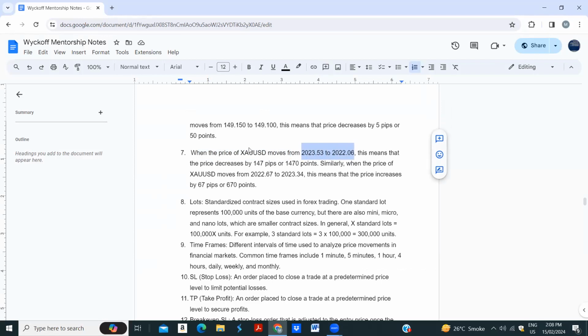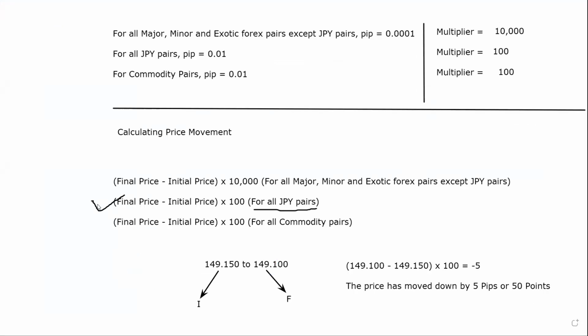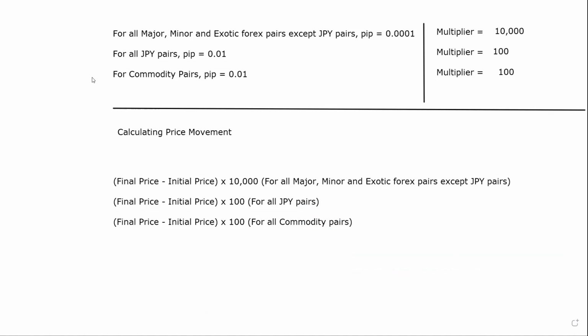Okay, so let me remove this. All right. So this price corresponds to XAU USD, which is a commodity pair. So XAU slash USD, since this price corresponds to XAU USD, which is a commodity pair, we will use this formula. Okay, the final price minus initial price multiplied by 100.